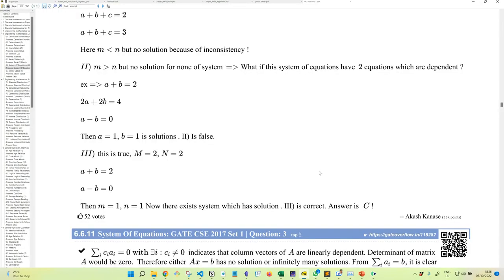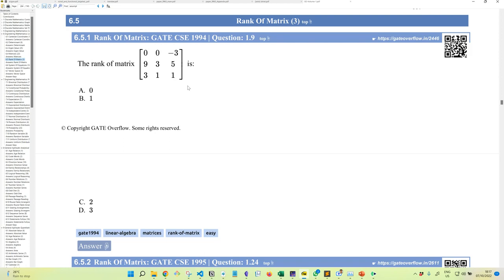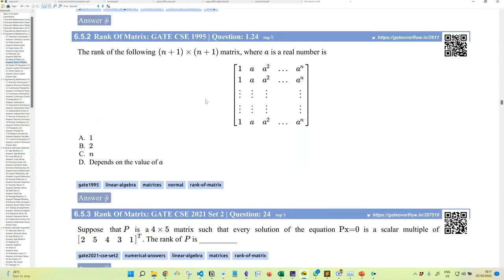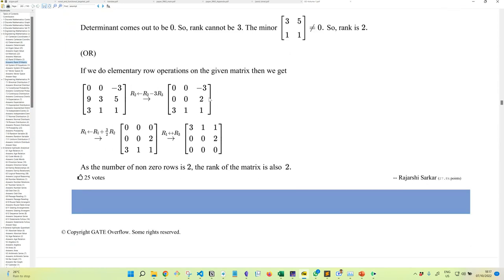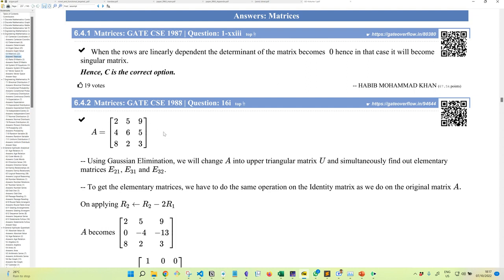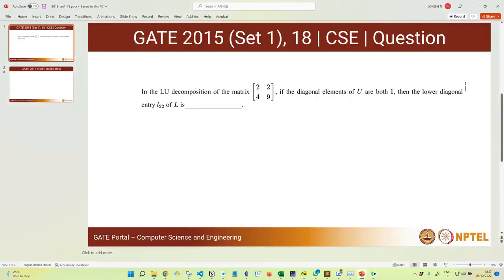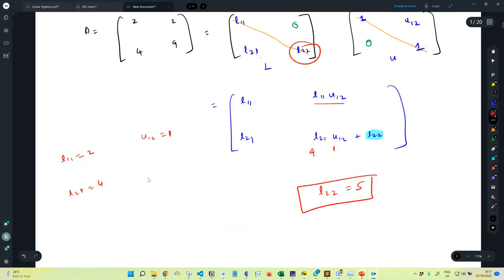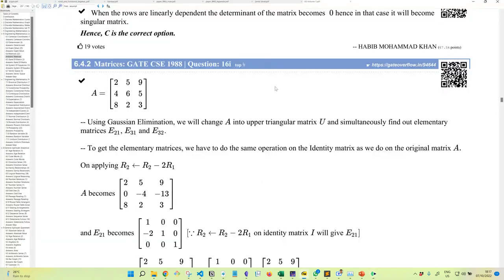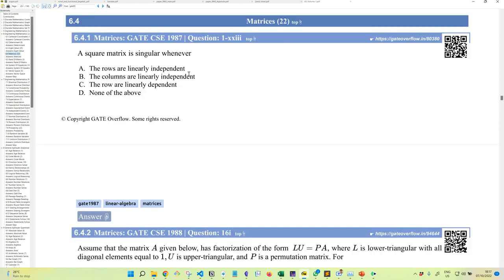Yeah. I'll just verify if the solution is correct. By the way, you know this book, right? The GATE Overflow book. If you don't know, and if you're preparing for GATE, this is a must-have resource, I would say. Which year question was this? This is GATE 2015. Where do I see the answer? Matrices.